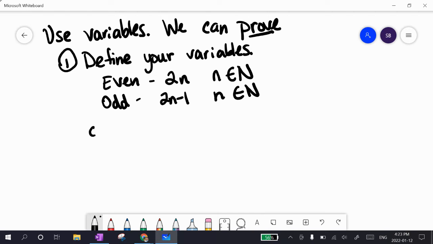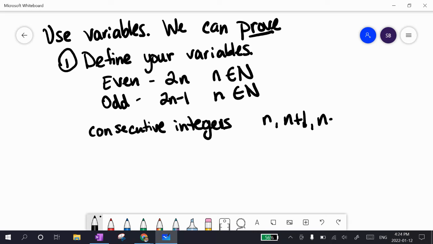If we have consecutive integers, that would be n plus 1, n plus 2, etc. Or it might start with n minus 1. The next one after that would be n.